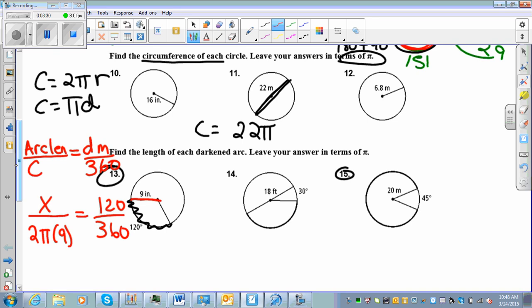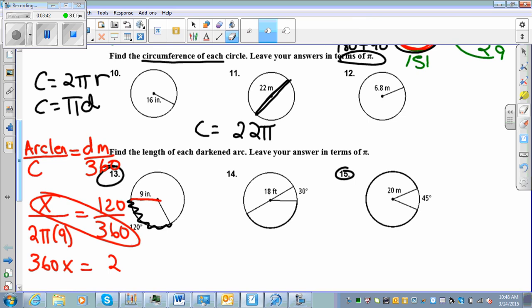And then all you have to do is cross multiply. So you do 360x equals, when you multiply this out, just multiply the 2 times 9 is 18. So I'll just multiply 18 times 120, and I'll just leave the pi as it is.